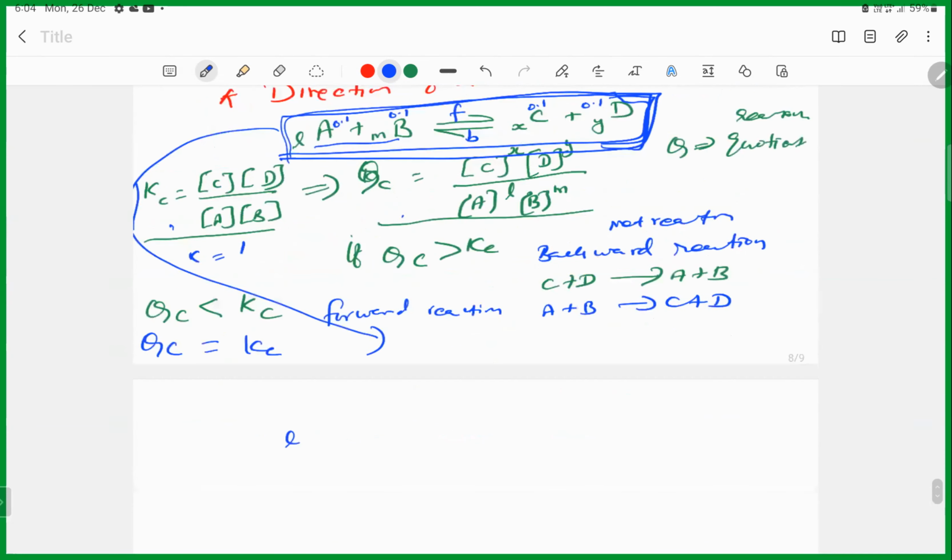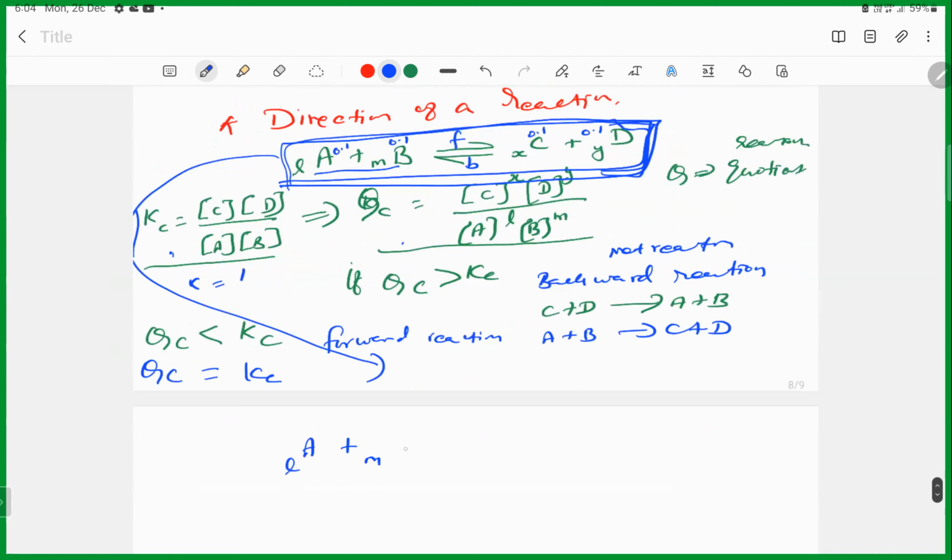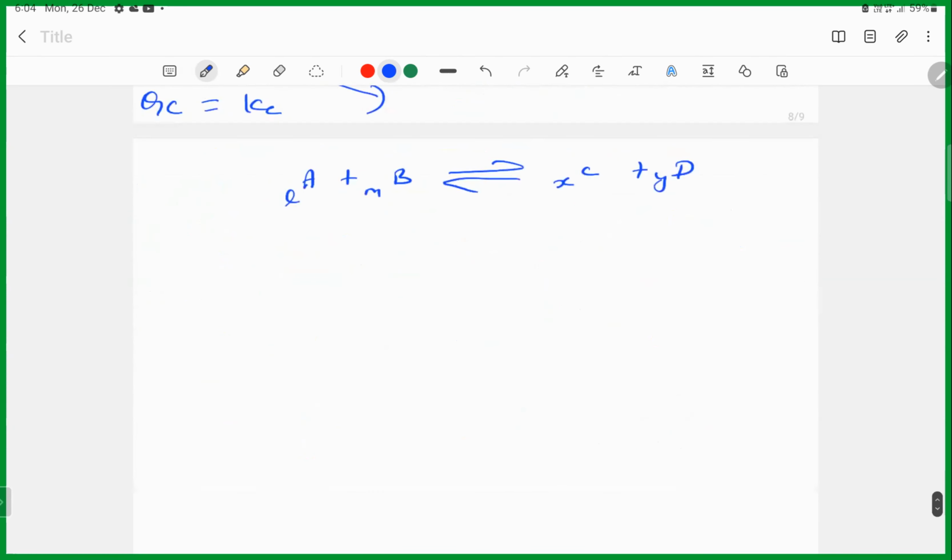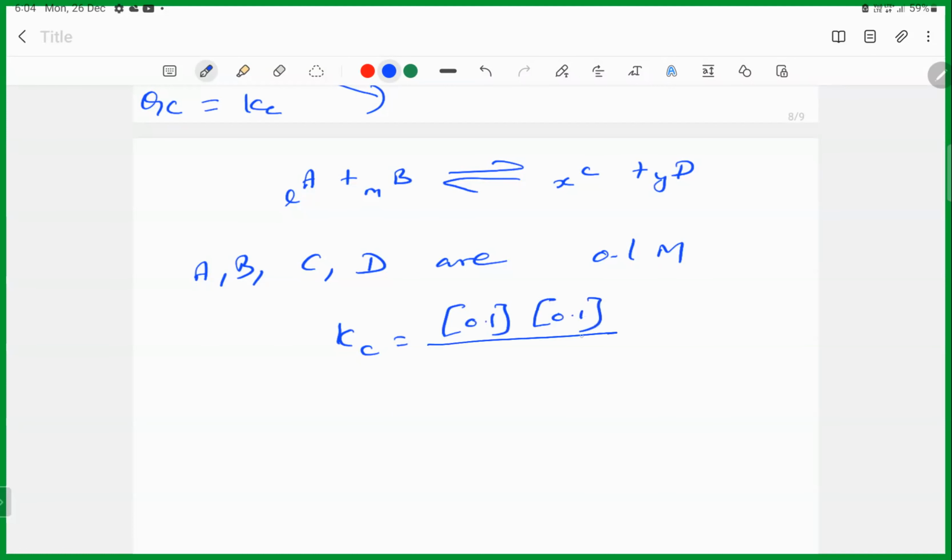Let me just give a reaction. I have taken L and M: lA plus mB gives xC plus yD. This is the equation. Now A, B, C, D are in equilibrium at 0.1 molar. If you want to calculate the Kc value, it is 0.1 into 0.1 divided by 0.1 into 0.1.